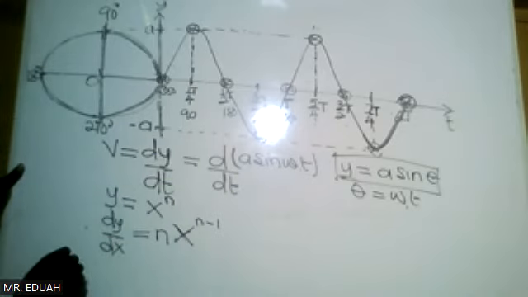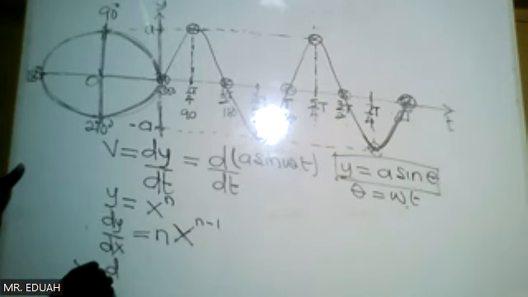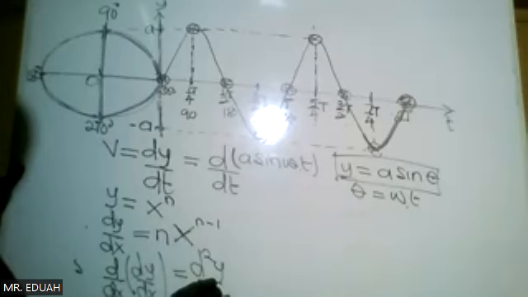If I need a second differential, then d by dx of dy by dx gives us d squared y over dx squared, meaning I'm differentiating twice. I differentiate this and then I differentiate the same thing again, and that's what we call the second differential.